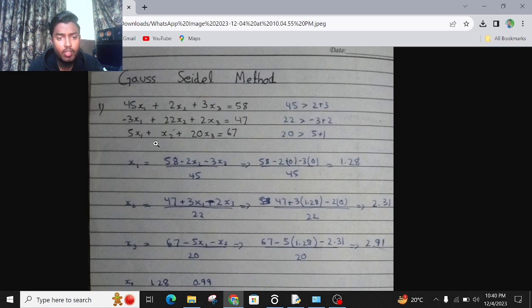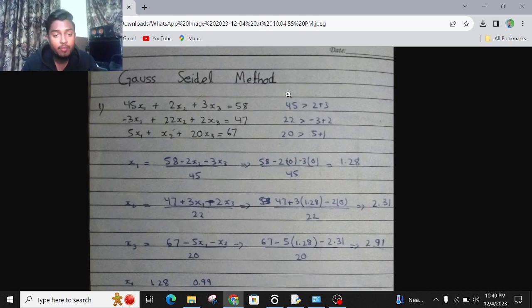We take the third value, which is 20, and check that this 20 is greater than the sum of 5 and 1, which equals 6. So you can see that 20 is greater than 6.